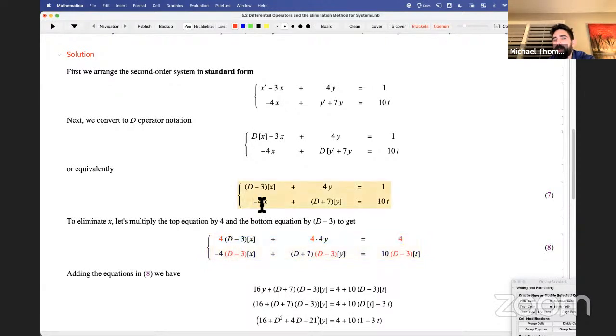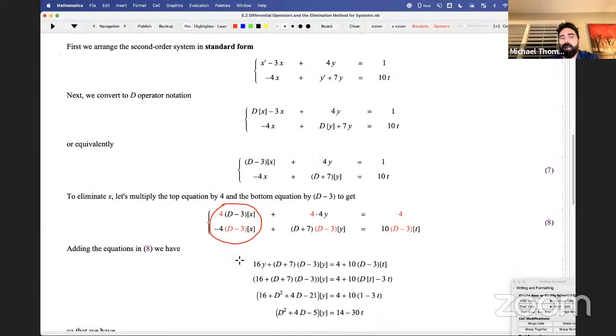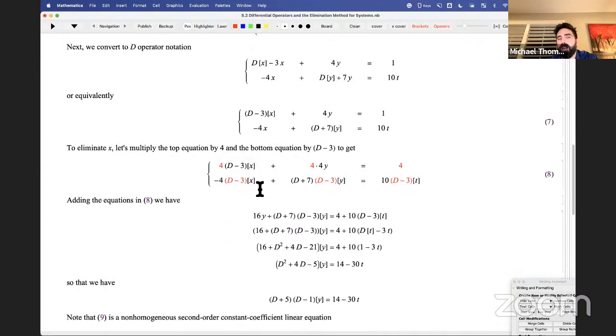Then I'll take the second equation and multiply the whole thing by D-3. Now the whole point is that these are opposites of each other. That one had a negative, so it stayed there. Now that they're opposites, we can add the equations together to get a true equation. So let's add the equations together. These guys are gone now. We constructed it that way.